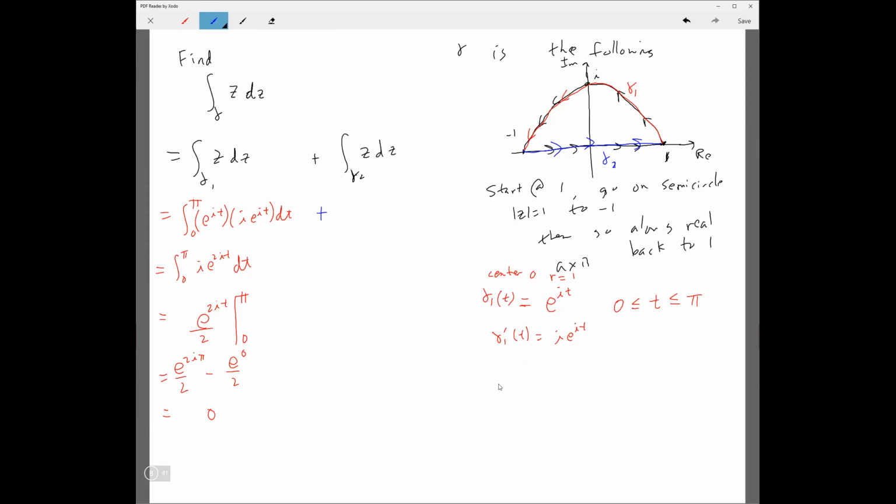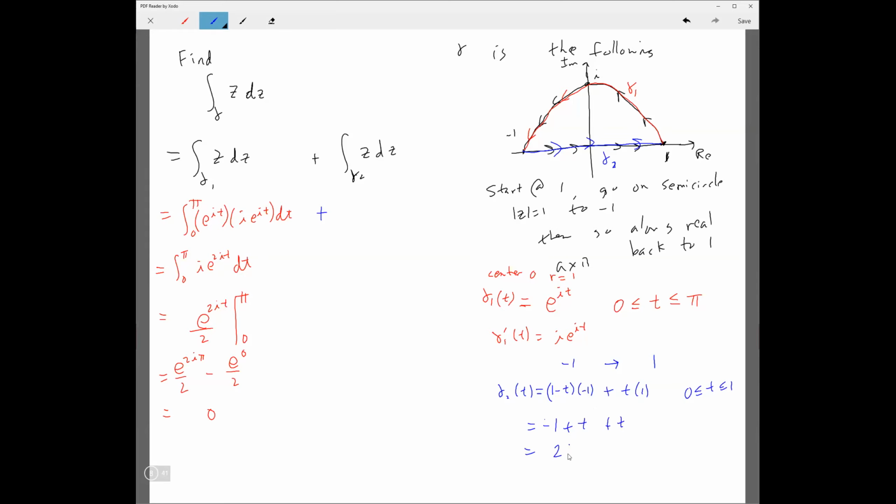Okay, so gamma 2. This is a line segment from -1 to 1. So you can parameterize it with 1 minus t times the first point plus t times the second point, and then let t go from 0 to 1. So that's going to be -1, and then negative t times -1 is plus t, and plus another t.